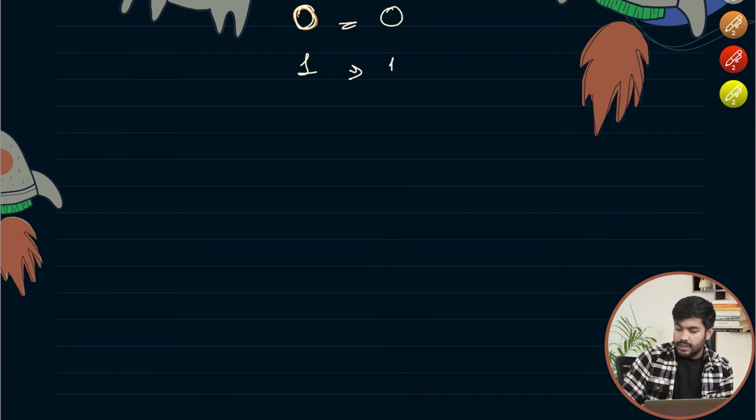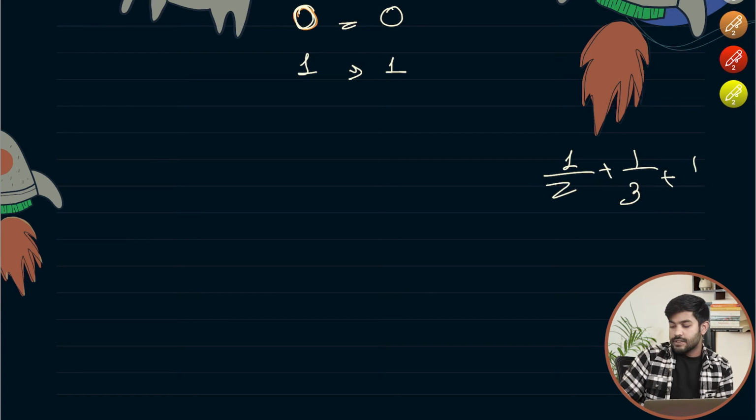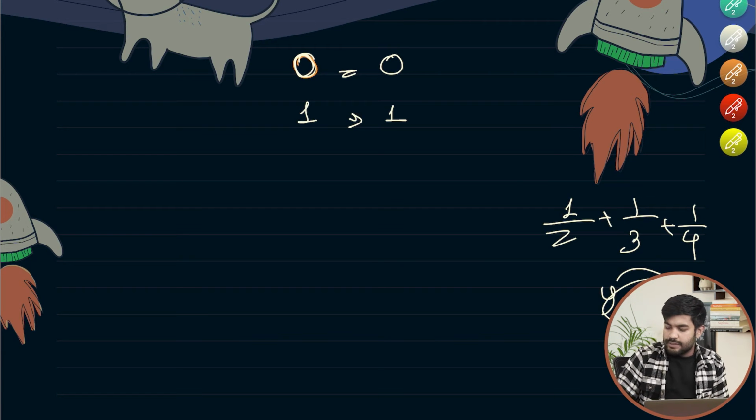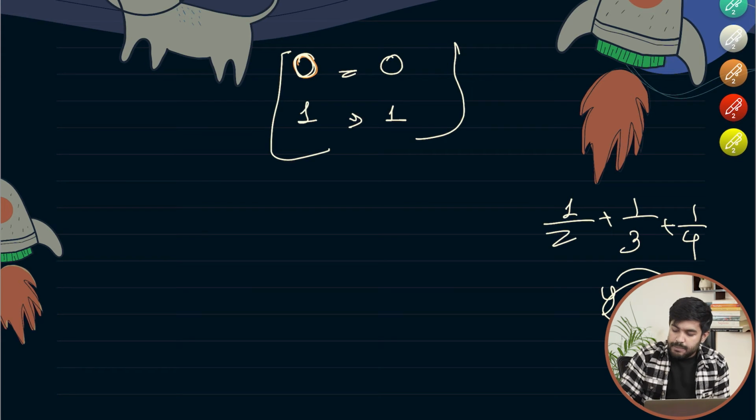Because 1 divided by 2 plus 1 divided by 3 plus 1 divided by 4 is equal to 0, taking the integer part, and 1 is greater than that. Either the given number or after breaking it, whichever is greater, we would take that. So the answers for 0 and 1 are there. Now we would start building out from the back.